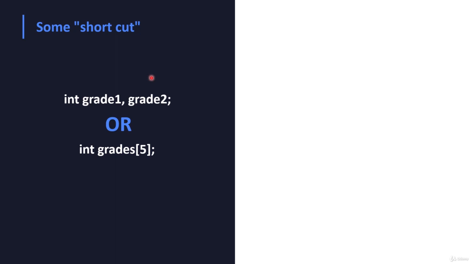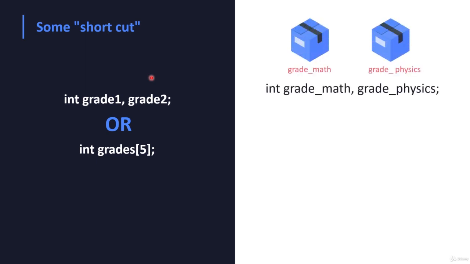And one way to accomplish this task is to create the variables with the names of the course, just like that. So int grade_math, int grade_physics, and this way you created two boxes. Variable 1, variable 2, the name of the first variable and the name of the second variable.